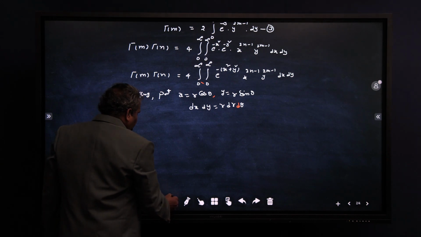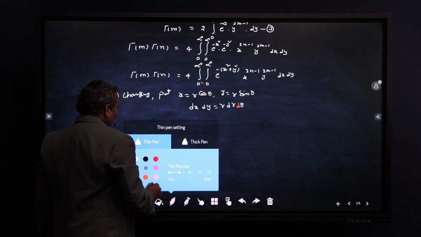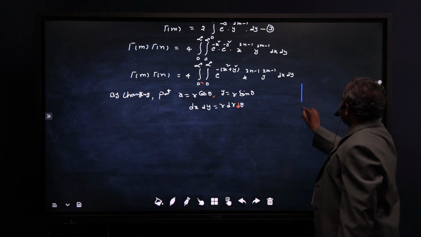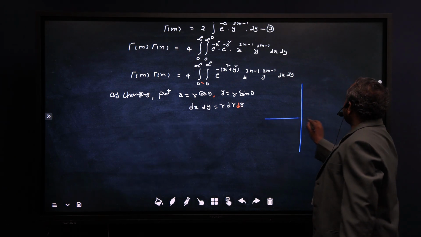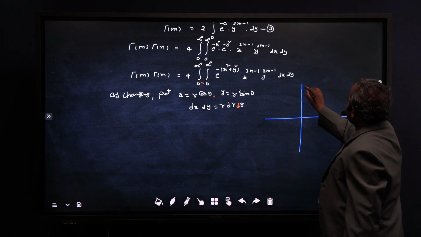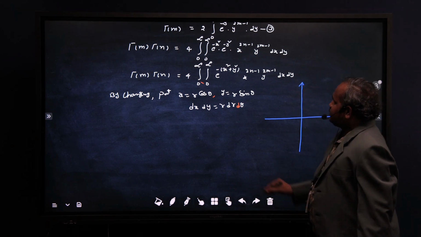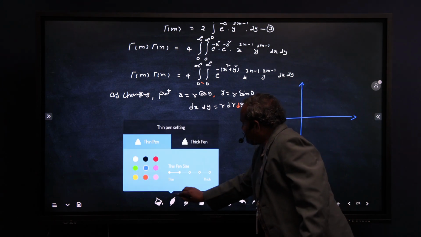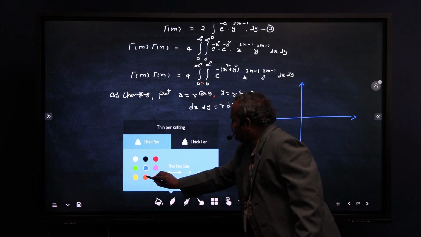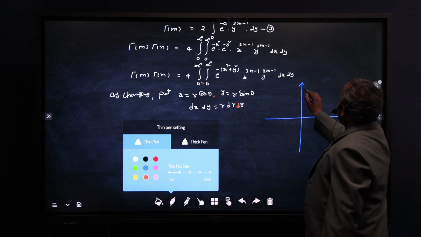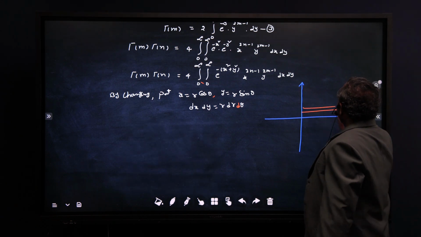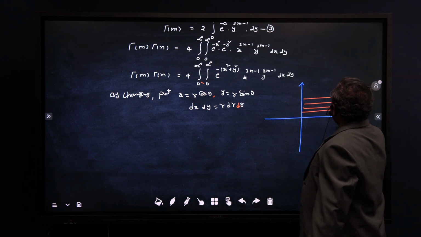So we are drawing the region for that. Here is the x axis and y axis. The x limits are 0 to infinity, which means x starts at 0 and ends at infinity. So this is our region.